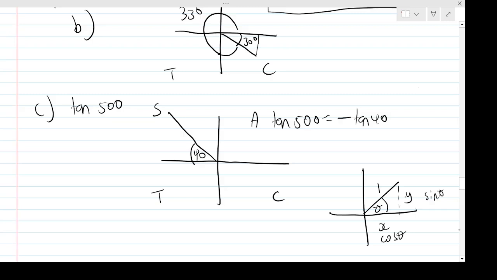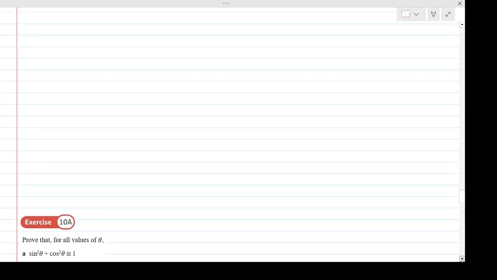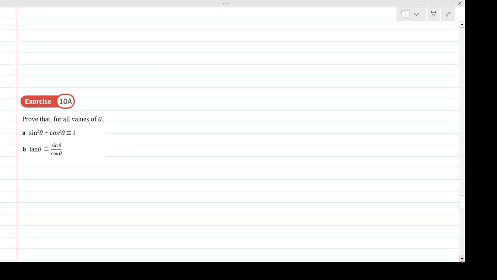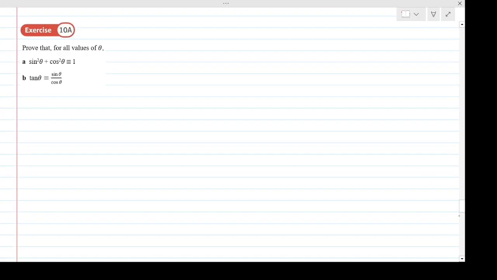And obviously the CAST diagram that we looked at as well tells us the sign of either cos, tan, or sine.